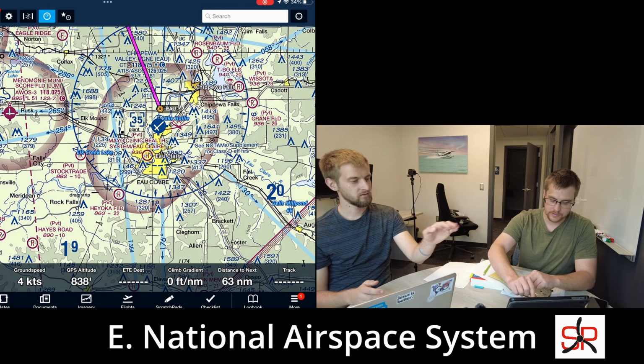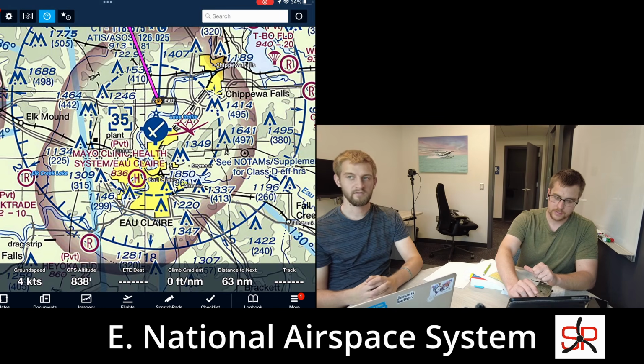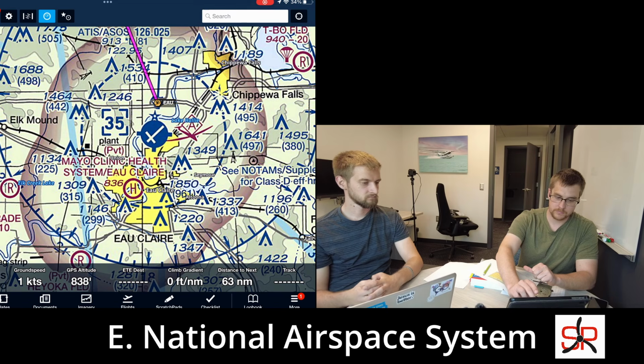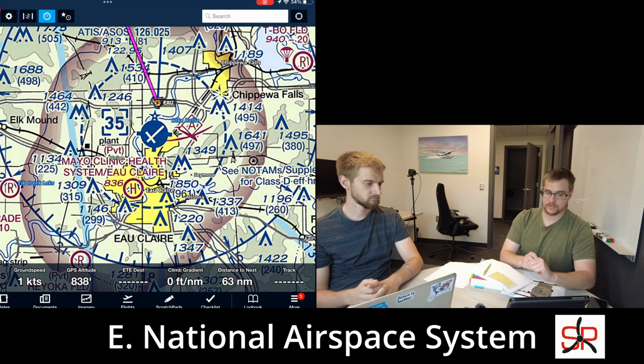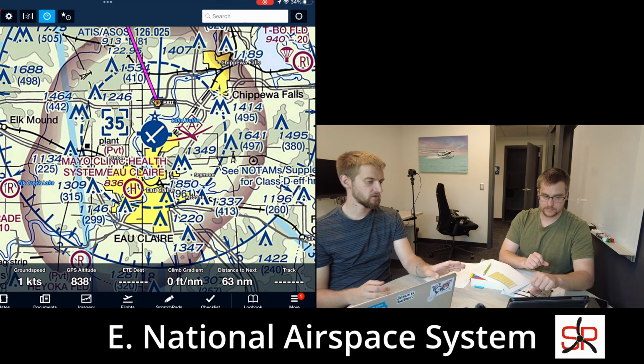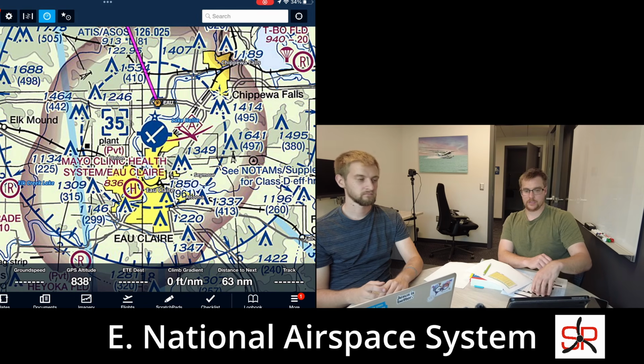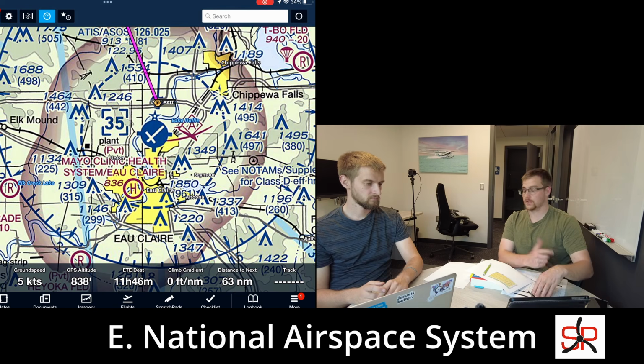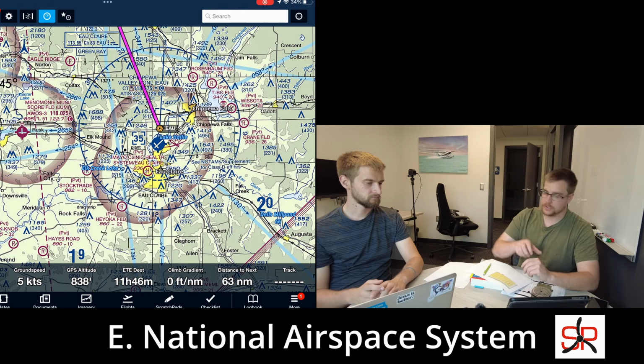And what would be the height, the bottom and the ceiling of the Delta? The bottom is at the surface and the ceiling is 3,500 feet. And then we didn't mention that with Echo as well. What would be the ceiling of the Echo? The ceiling of the Echo is up to but not including 18,000. Okay. So up to Class A.